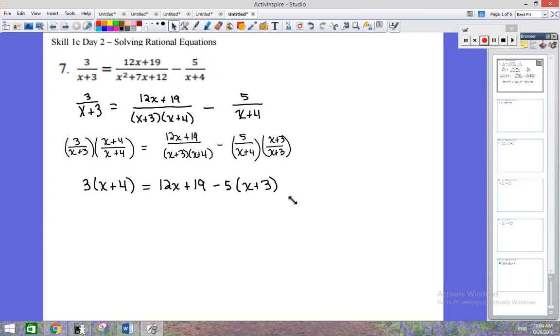Now here's a point of discussion. We have this equation now that does not have any fractions. I want to solve this equation. The equation that they want me to provide a solution set for has these fractions in it. Now, it so happens that most of the time you can think of these as having the same solution set.